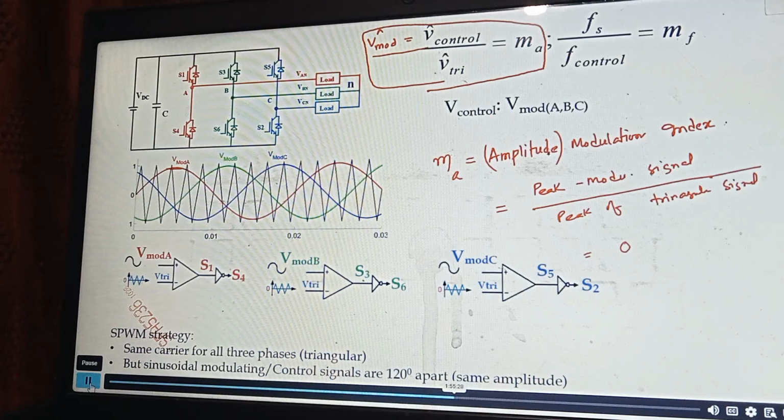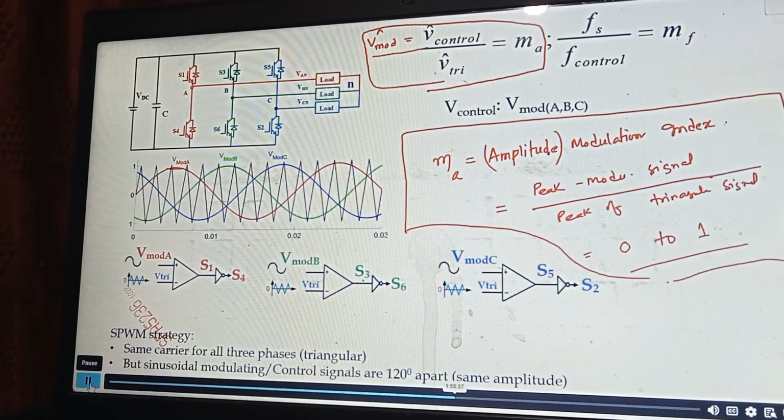It will vary in the range of 0 to 1. Like duty ratio, if you remember, it varies in the range of 0 to 1. Because peak of the modulating signal will vary in the range of 0 to V tri peak, isn't it? So that's why modulation index should vary 0 to 1.